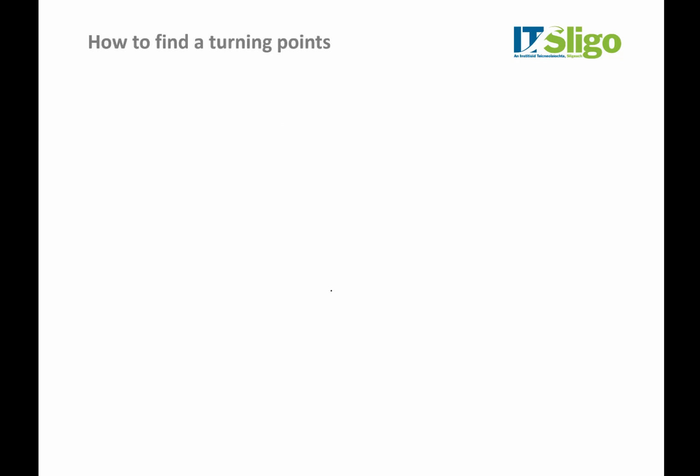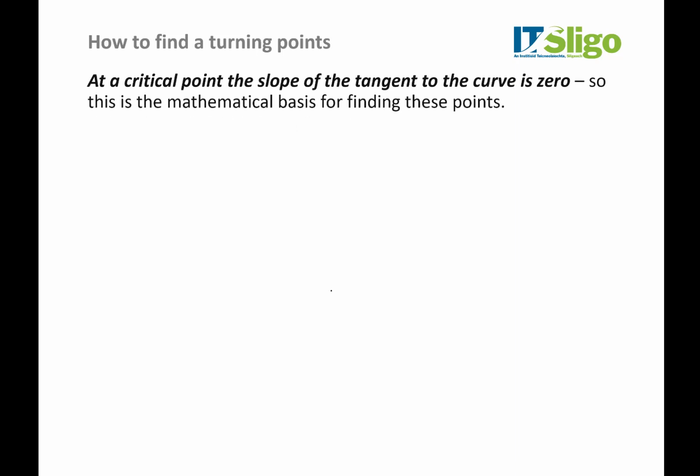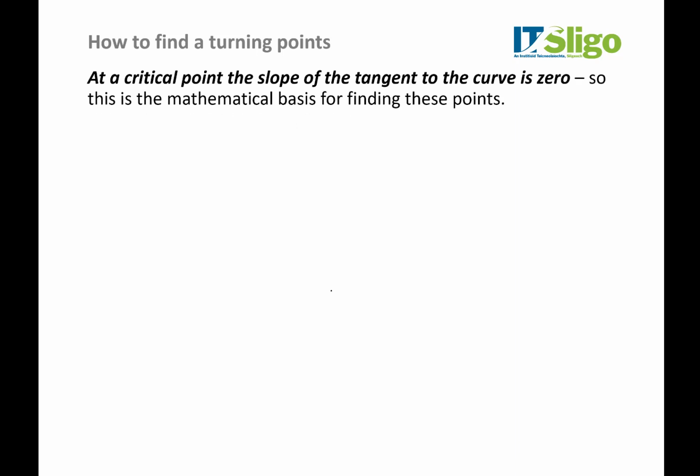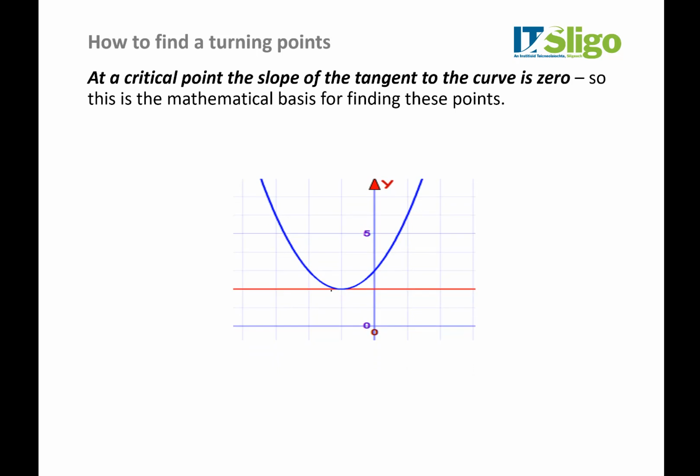Now, how do we find a turning point? So at a critical point, the slope of the tangent to the curve is 0. This is our mathematical basis for finding these points.